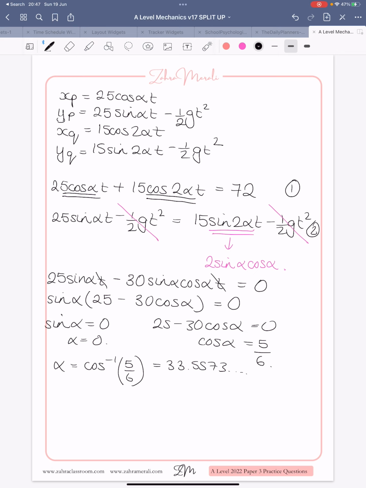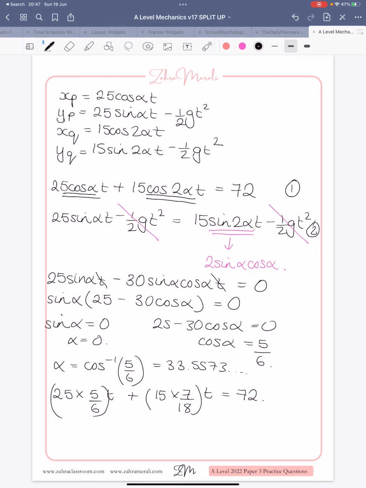So then I've got 25 times 5/6, because that's cos alpha, t, plus 15, and then if I multiply my alpha by 2 and take cos of my answer, I get 7 over 18 for cos 2 alpha, t equals 72.